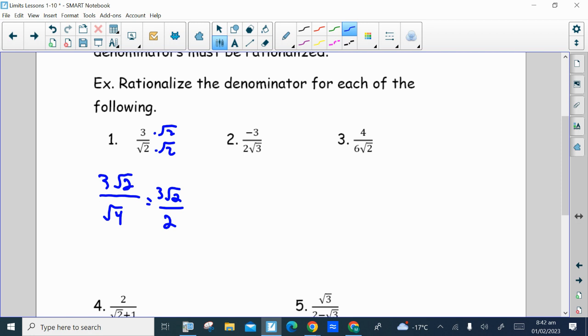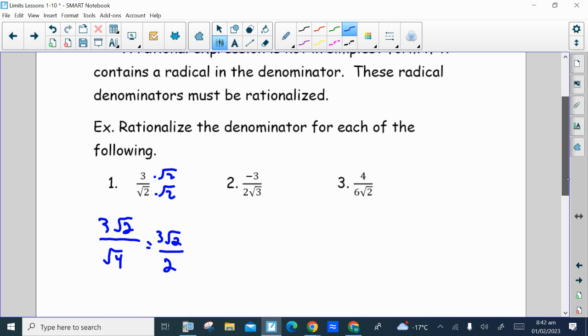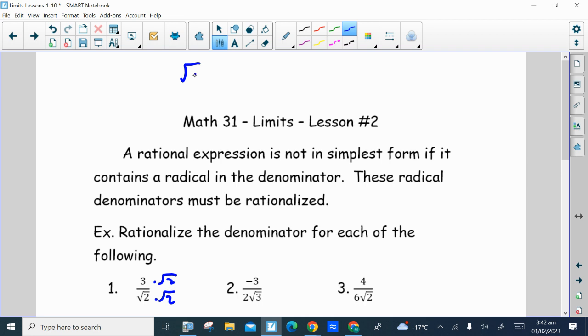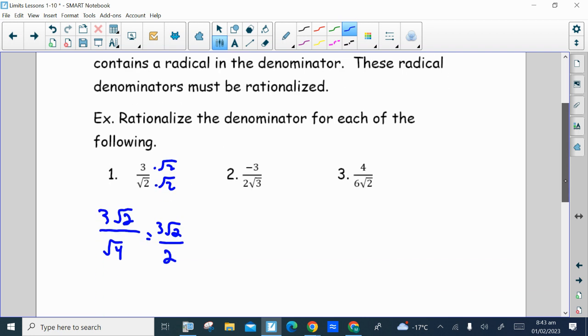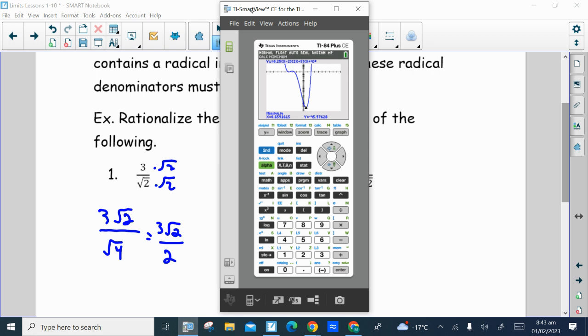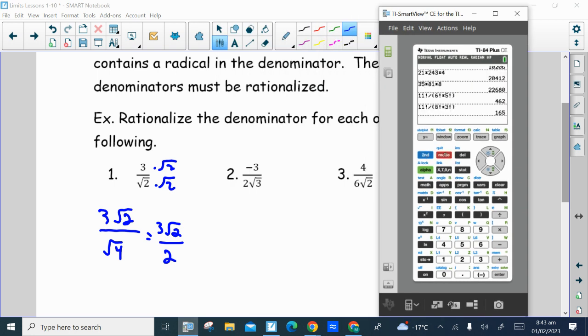There is a rule for multiplying radicals that you would have learned about in 20-1 that basically says root a times root a is a. And that's what we're doing here. Root 2 times root 2 is 2. So this expression has the same value that we started with, and you can use your calculator just to confirm that.